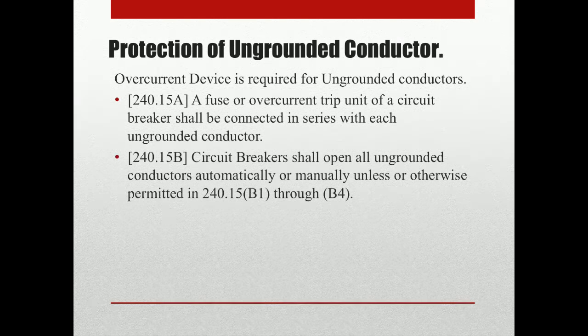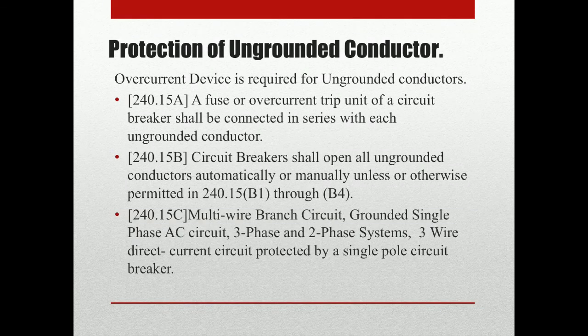Circuit breakers shall open all ungrounded conductors automatically or manually unless otherwise permitted. Multi-wire branch circuits, grounded single-phase AC circuits, 3-phase and 2-phase systems along with 3-wire direct current circuits must be protected by a single pole circuit breaker.